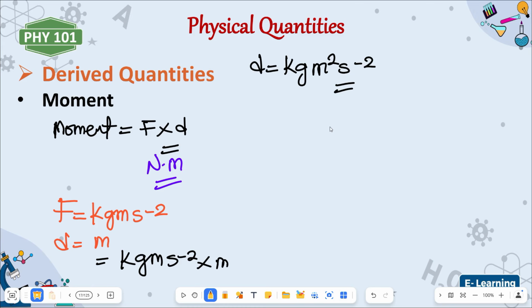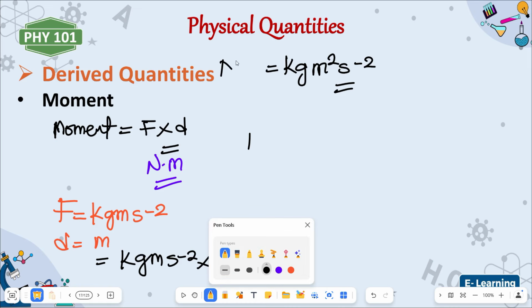All right. So this is the dimension for moment. I mean the unit for moment, which is also the same thing as what? Work done. Which is also the same thing as what?